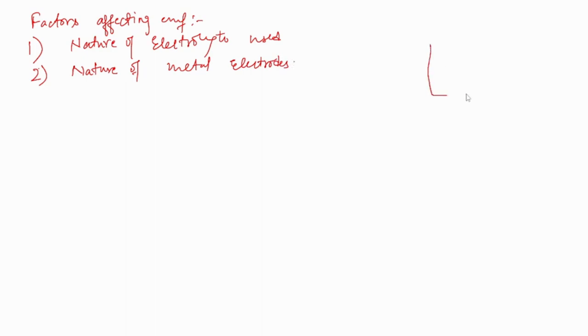Okay, it will be somewhat like this. Two electrodes are there, filled in electrolyte. They will be of some metals. So EMF depends on this electrolyte and the nature of these electrodes.